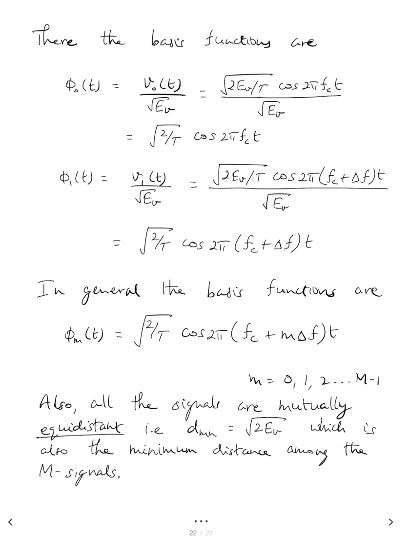Since we can create M such signals which are all mutually orthogonal, their signal space representation will be an M-dimensional signal. So we have multi-dimensional orthogonal signals or waveforms. These are multi-dimensional orthogonal bandpass signals, because all the signals have a frequency centered around the carrier frequency fc, which is a large frequency.